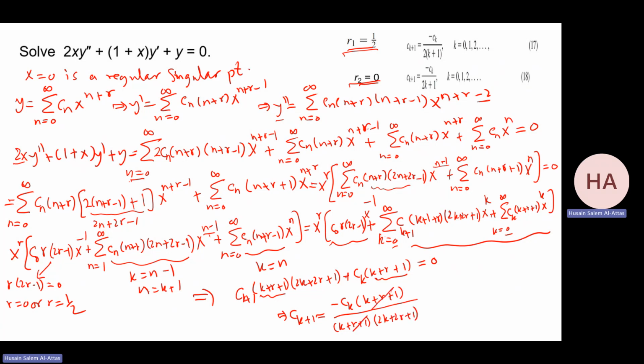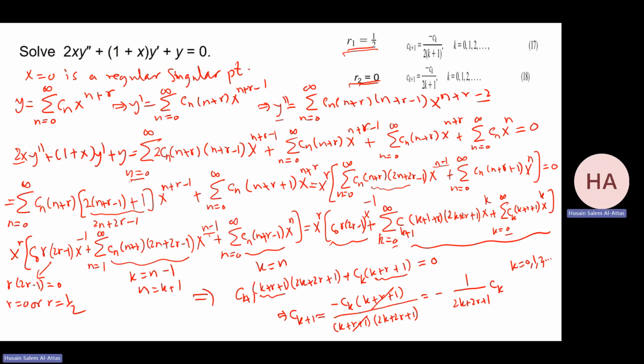This is cancelled, never 0. So I have c_{k+1} equals minus 1 over (2k plus 2r plus 1) times c_k, where k is 0, 1, 2, and so on. Now I need to go to the solutions.